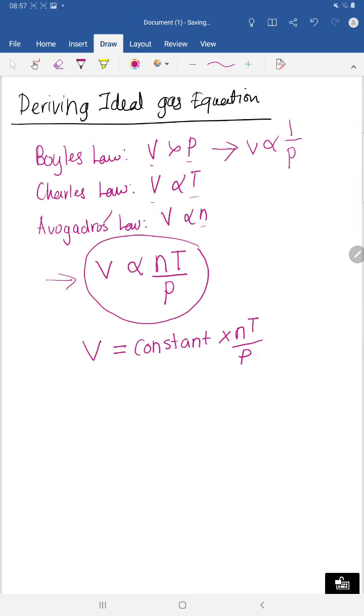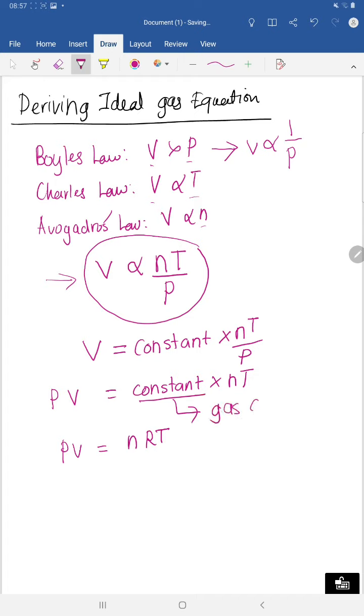If I rearrange, I will get pressure times volume equals a constant times number of mole and temperature. If we compare with PV equals nRT, our constant is actually the gas constant R. So what is the value of R?